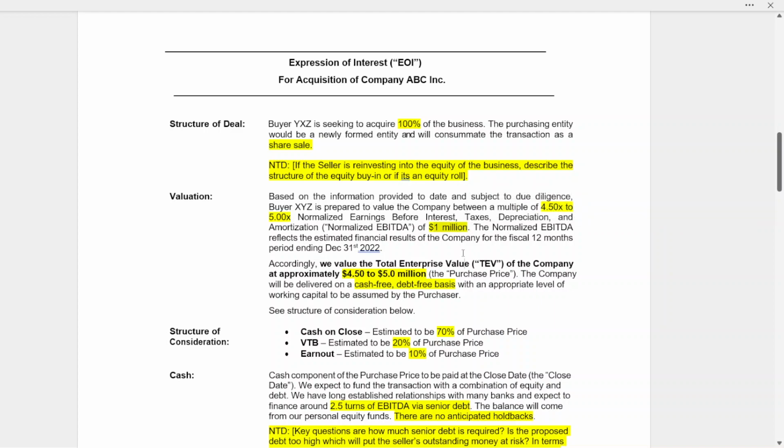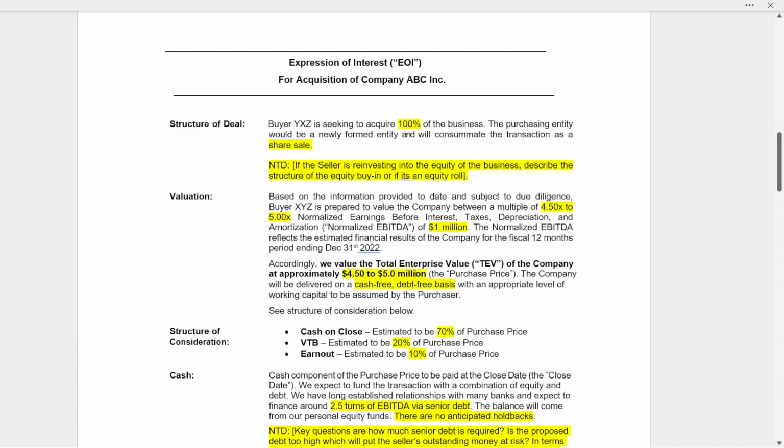So this buyer has clarified their multiple range, what they view as the normalized sustainable EBITDA, and then that is the valuation methodology as to why the total offer value is $4.5 to $5 million, the total enterprise value. So they've broken down the multiple, the sustainable EBITDA, and therefore this is the total purchase price for the business.